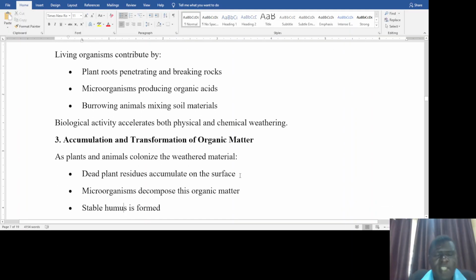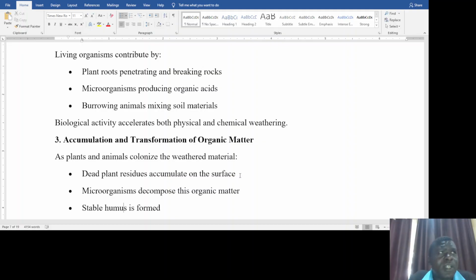Besides the three important weathering processes, we have accumulation and transformation of organic matter, which greatly influences soil formation. Now, as plants and animals colonize the weathered material, the dead plant residues accumulate on the surface in terms of leaves, bark, dead wood, and so forth.